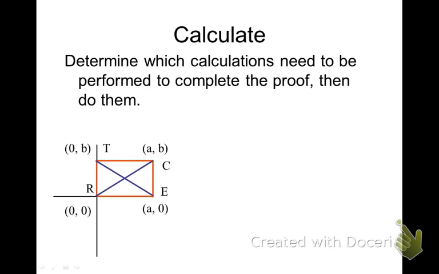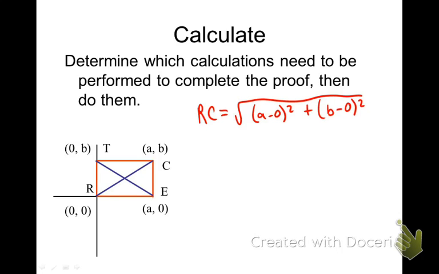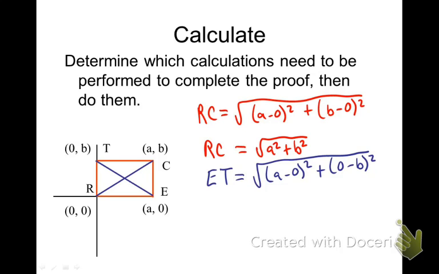So once we put the object in the Cartesian plane, then we're going to use some formulas. In this case, I'm going to use the distance formula to talk about what length RC is, and the distance formula to talk about what length ET is.